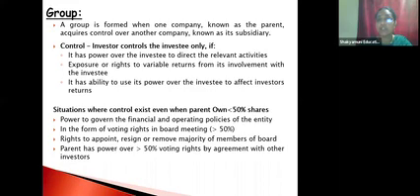So it will use its power over the investee. What are those powers? Powers could be appointing members of the board, because the board is the ultimate authority to run the business, to manage the business, to affect the performance of the business.